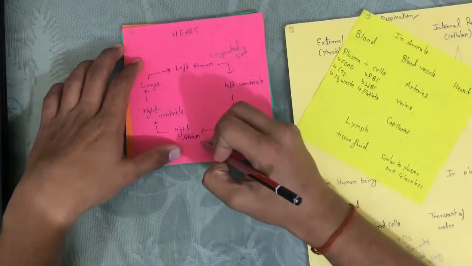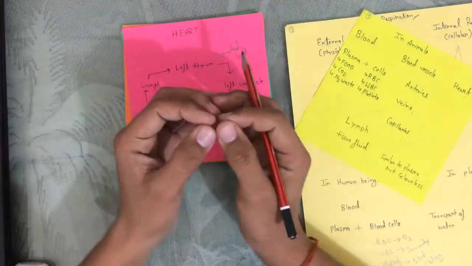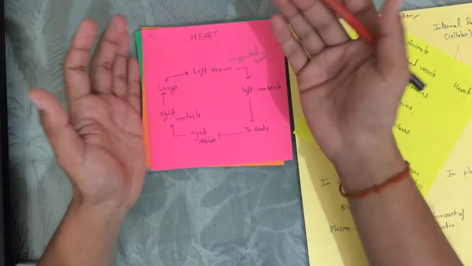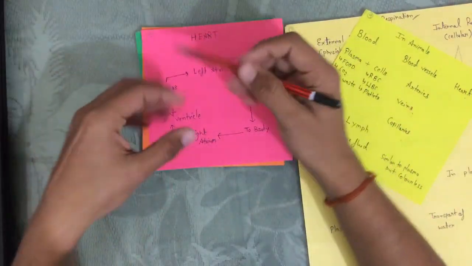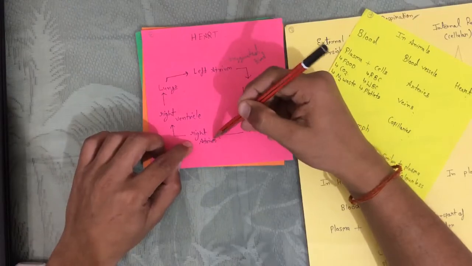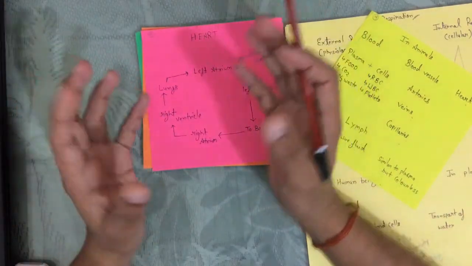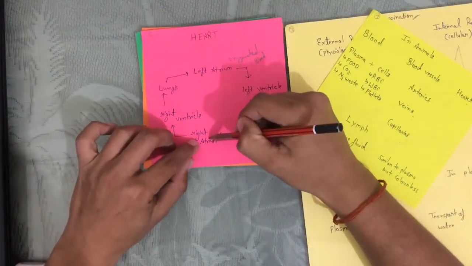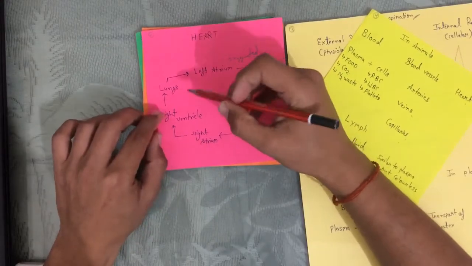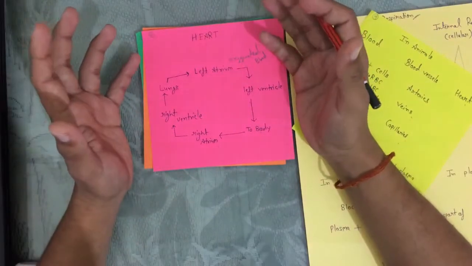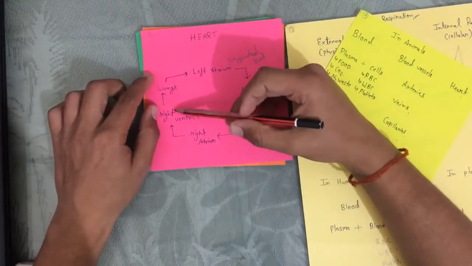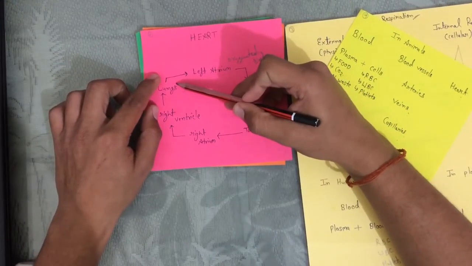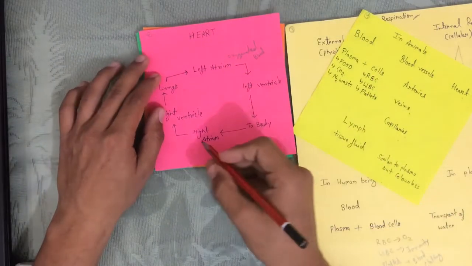Then it enters the right atrium, which relaxes so the blood enters, and then it is passed through contraction. While the atrium contracts, the ventricle relaxes, so blood from this atrium enters the ventricle, and this ventricle, as I told you, has thick walls, so it pumps the blood, and blood goes to the lungs again for oxygenation.